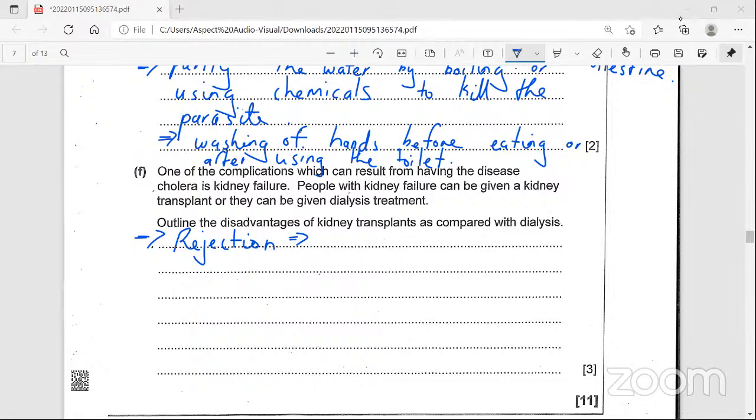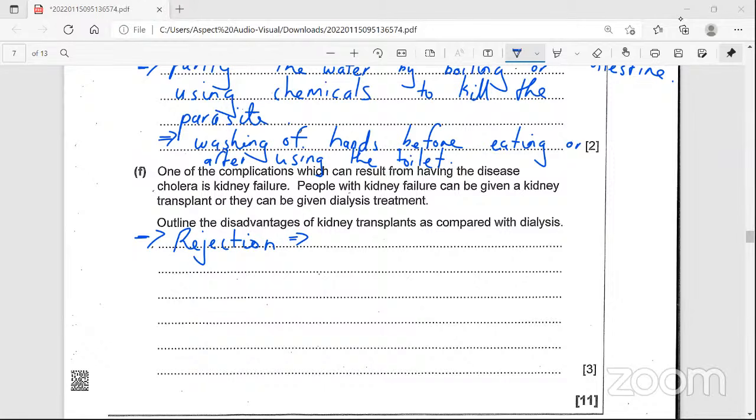Compared to dialysis treatment, for how long? For longer. Guys, the person with the dialysis treatment, do they live longer than the person with the kidney transplant? They don't. Like the rejection part, because they're waiting for a perfect person who fits the body.